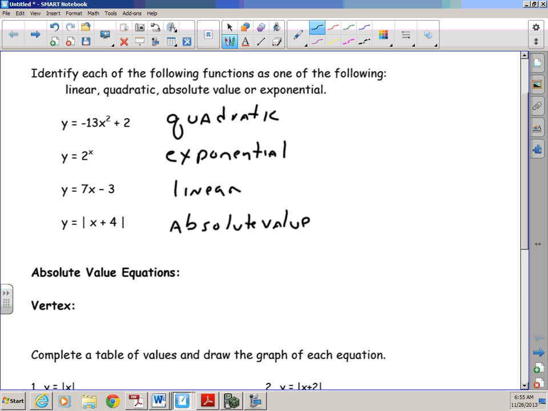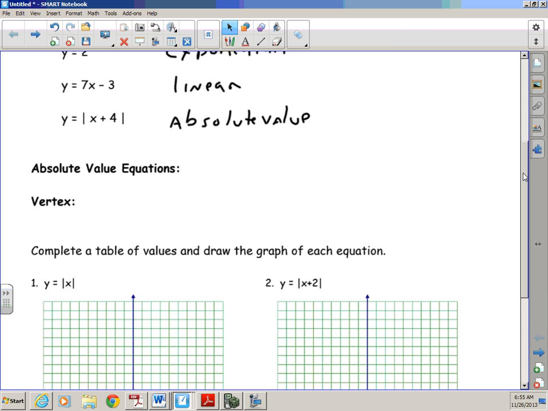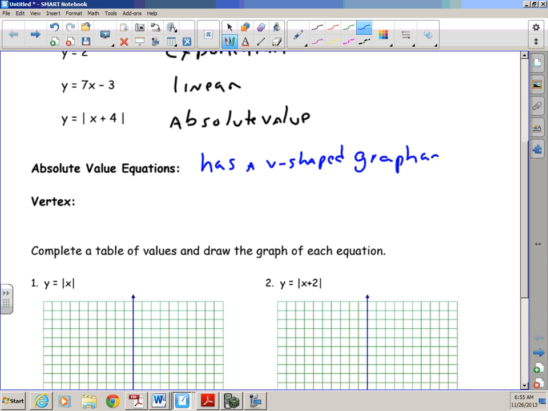And recall that absolute value is the distance from 0 on the number line. So the absolute value of any number is always positive. Now, an absolute value equation has a V-shaped graph and is a piecewise function.